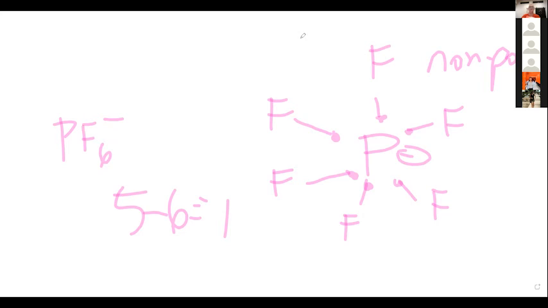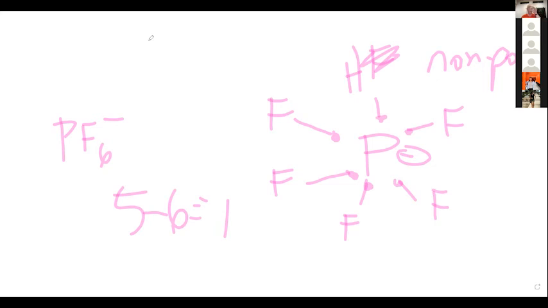So all this would need to do to make it polar is just change one of these atoms. If we just change that fluorine to a hydrogen, and it's now polar. Because now it's not symmetrical anymore.